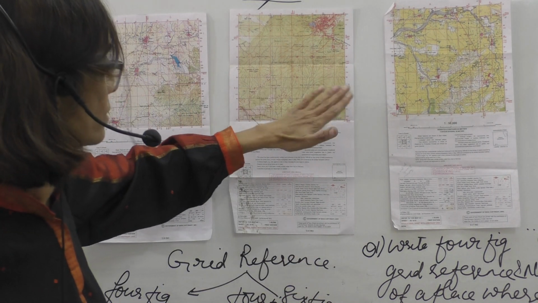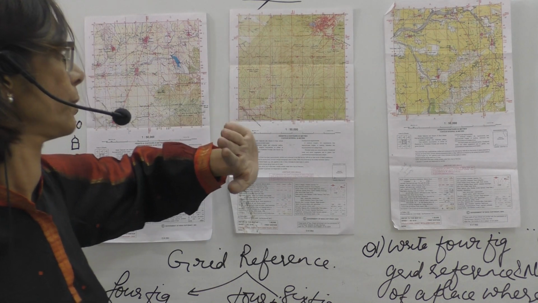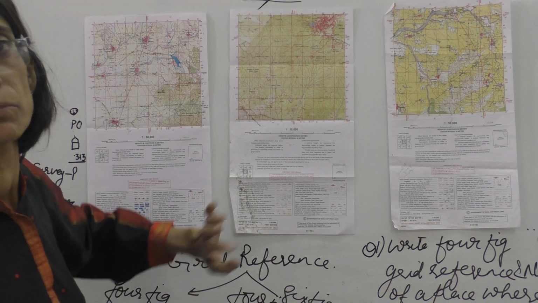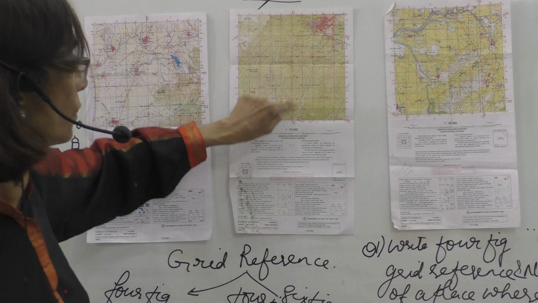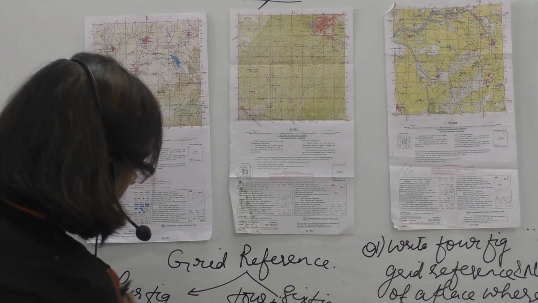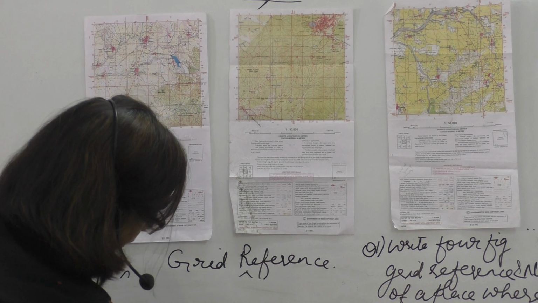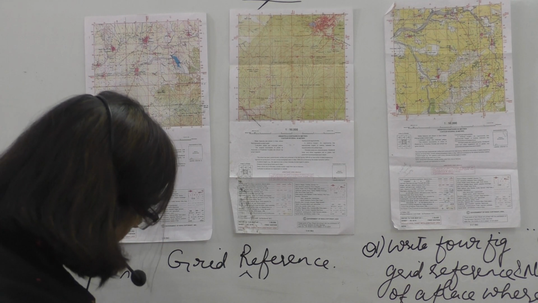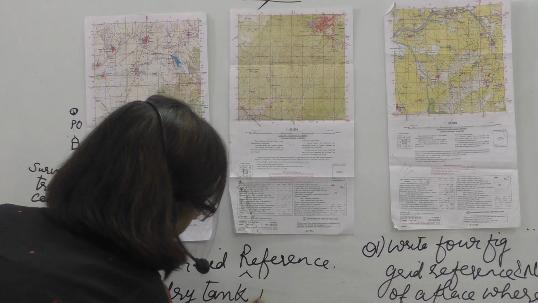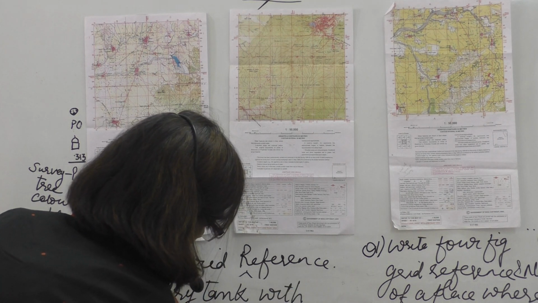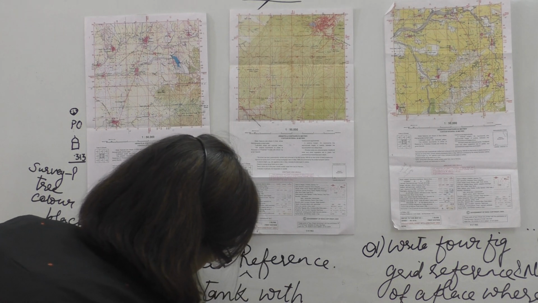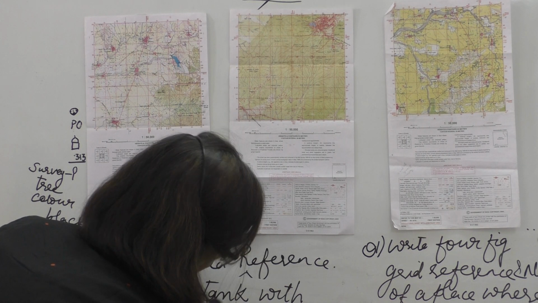Dry tank in the southwest corner of the map. So this can be again a dry tank with embankment. If they ask you for a dry tank with embankment, then again you have to observe the embankment. So it will be a dry tank with features like this.